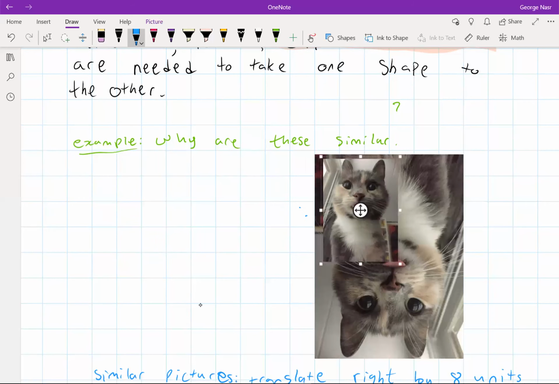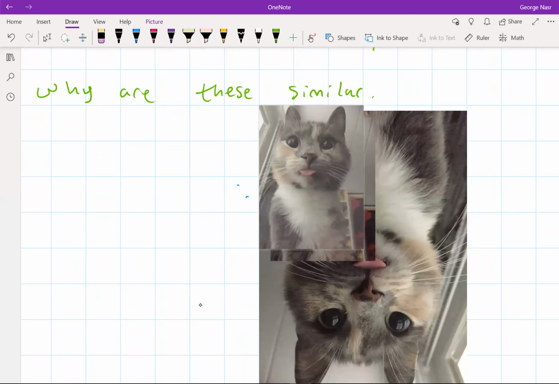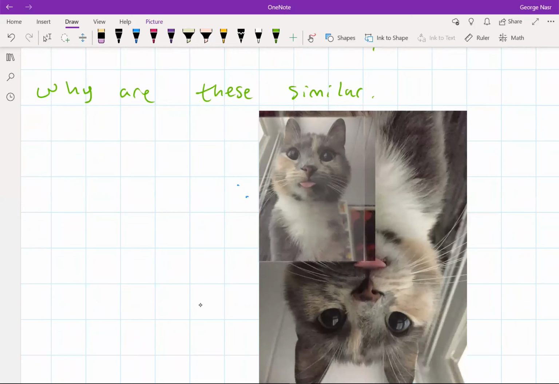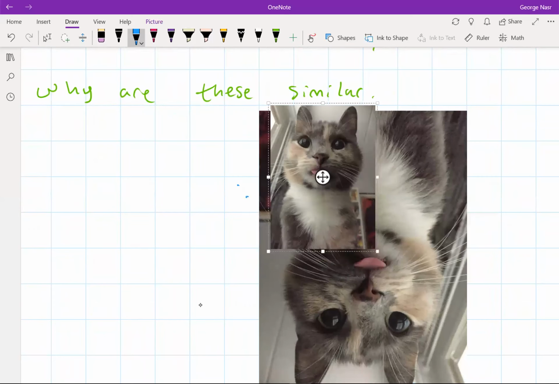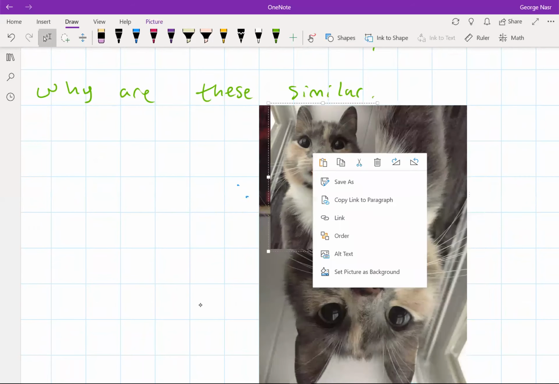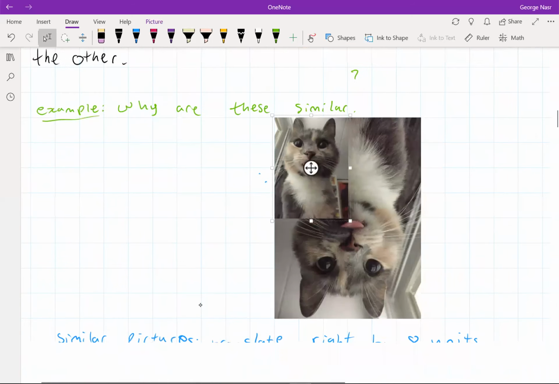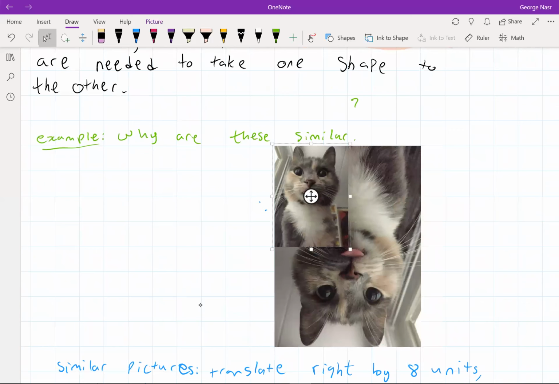Come on. Maybe we have to zoom in and trick it. What if I move you up? There we go. Take that, technology. All right. So I translate the picture right.